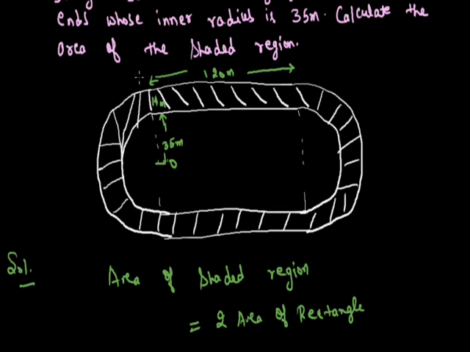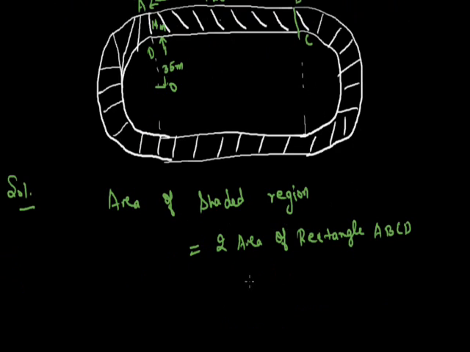Suppose these points are A, B, C and D. So twice area of rectangle ABCD plus half, twice of half pi. Now the outer radius will be 35 plus 14, 49 whole square minus 35 whole square. So this will be the area of shaded region.